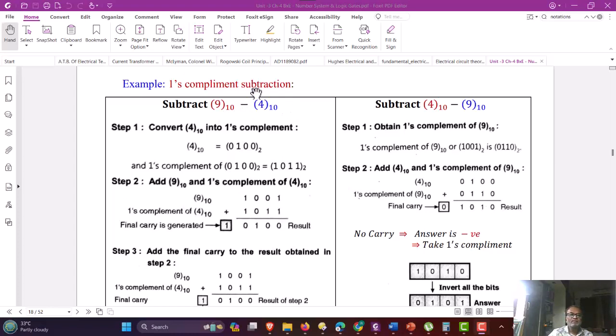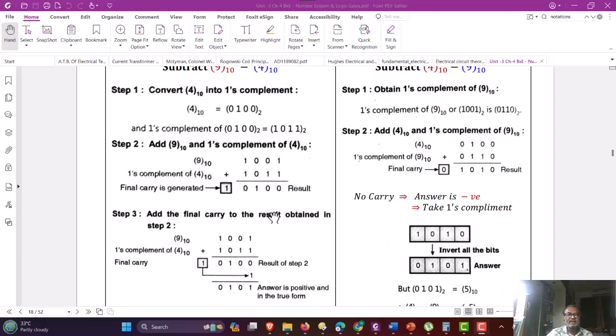Then convert the number 4 to its binary representation, and first take the complement of 4. 4 in binary is 0100. Complement each bit, so after complementing, 0 becomes 1. So 1011 is the 1's complement of 4.